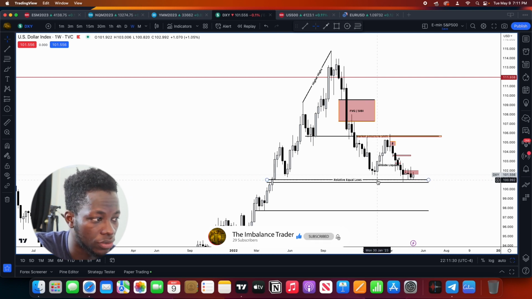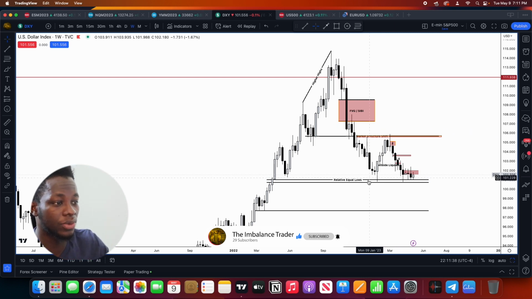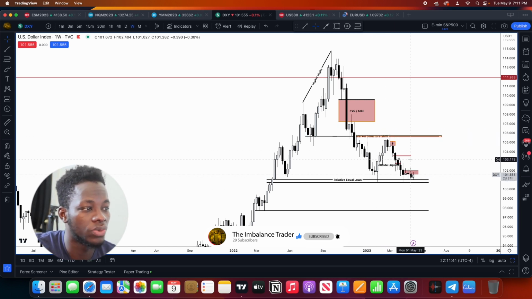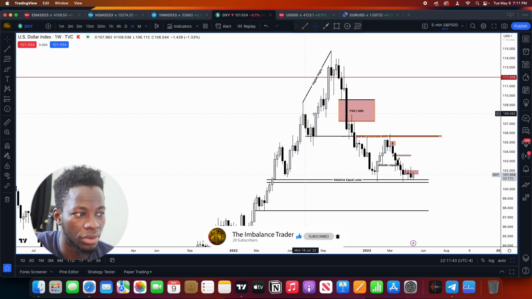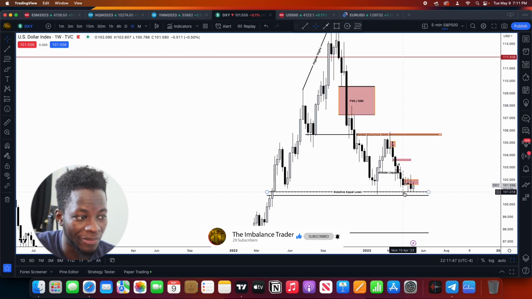We traded into that fair value gap, and once we hit it, we saw a quick retracement back into the breaker, and now we are moving from the breaker, trading back into the fair value gap again.